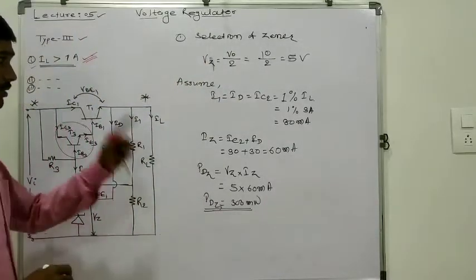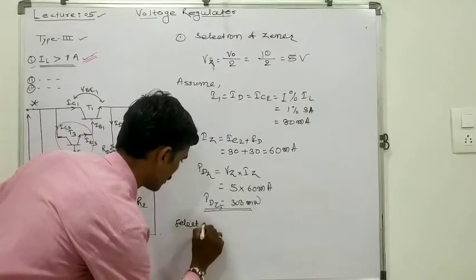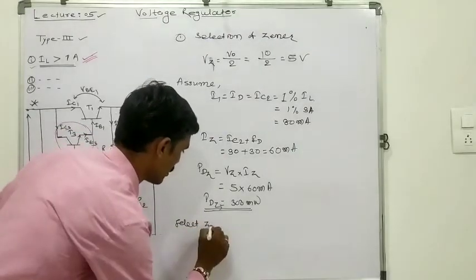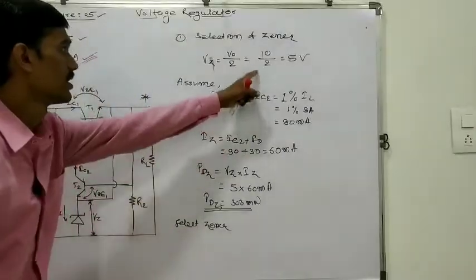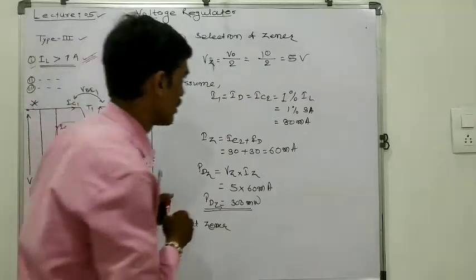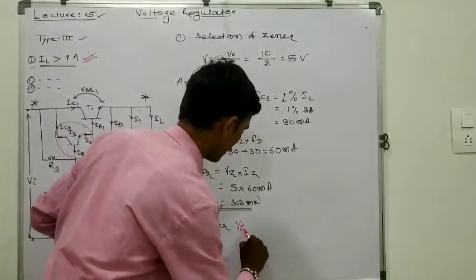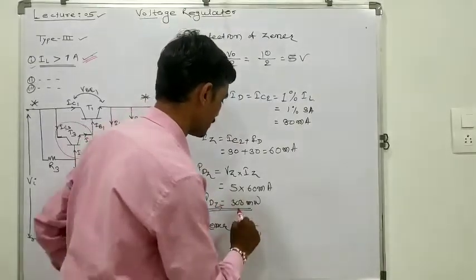So from this, select a zener with Vz equal to 5 volt. So we can select a zener of Vz equal to 5 volt. Then power dissipation is 300 milliwatt.